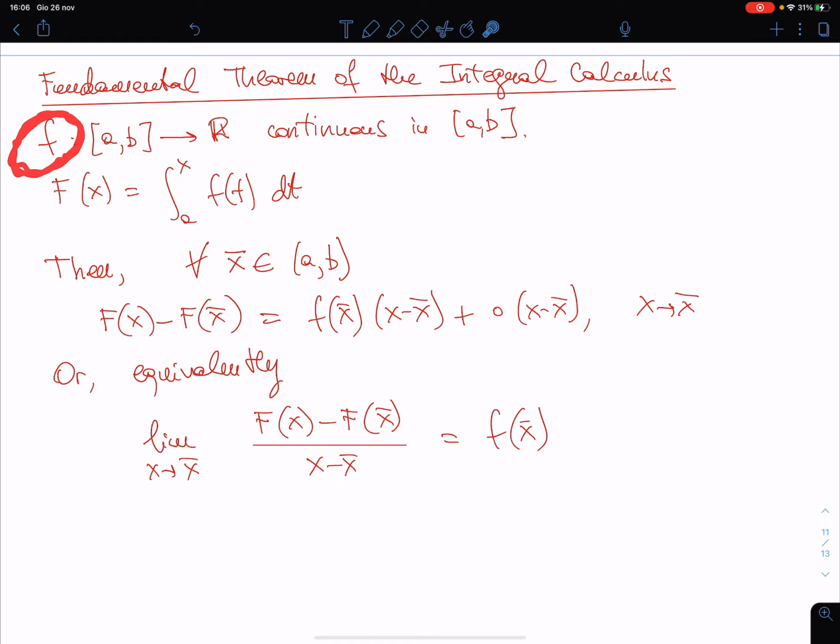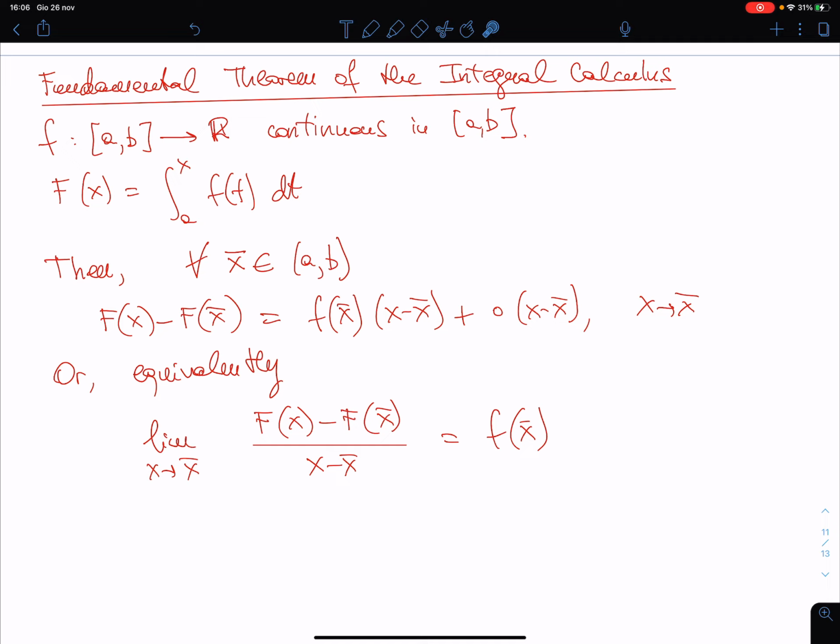This is what we know. The problem is finding capital F. There is a link between small f and capital F, but this link is very mysterious. It is not clear at all. Capital F is just the area below small f. But functionally speaking, what is the link that we are looking for? This is extremely difficult to understand.